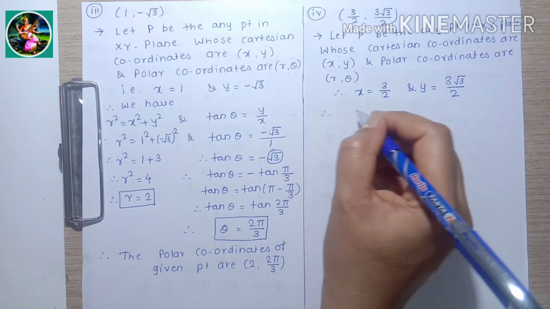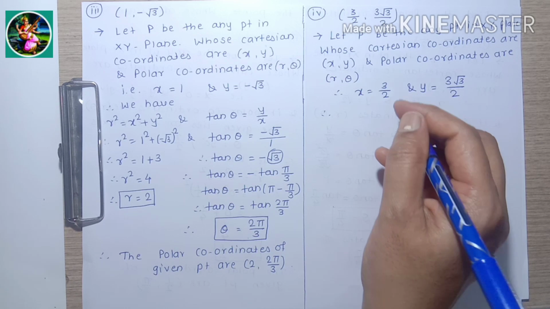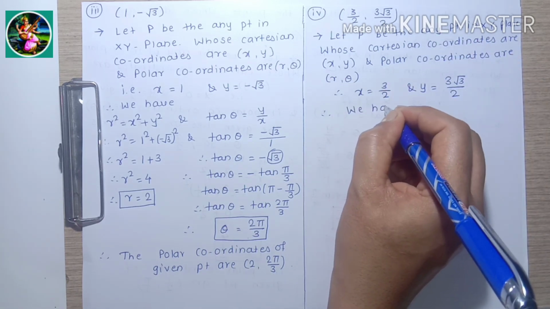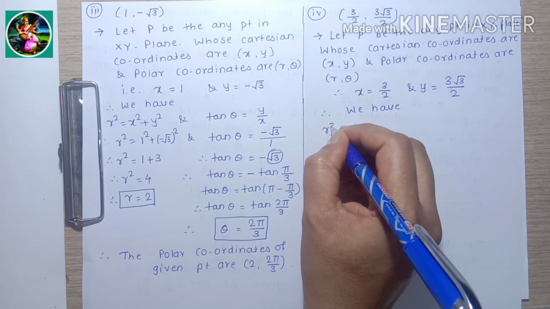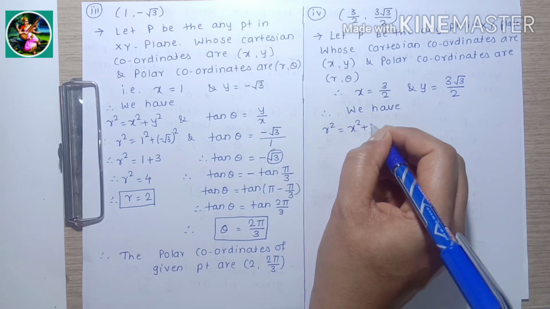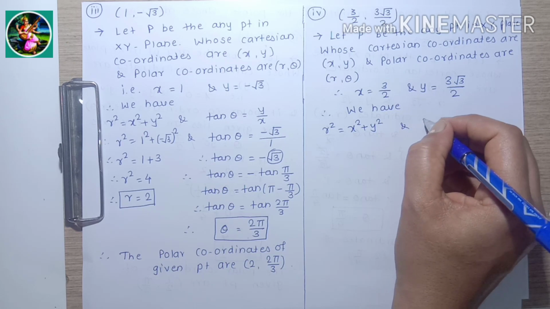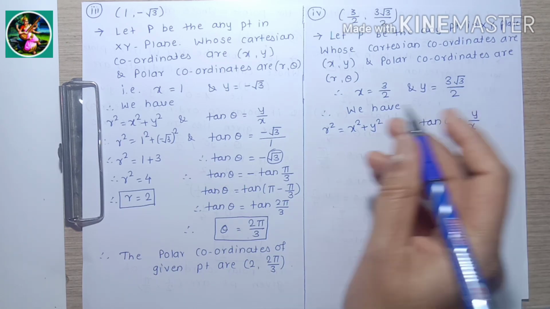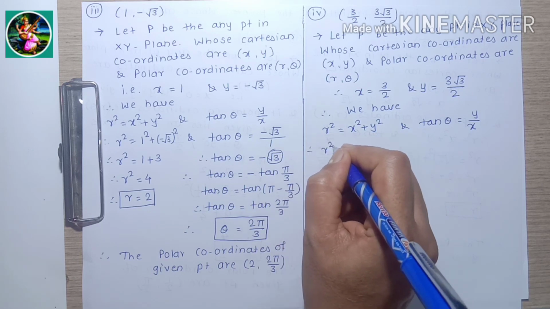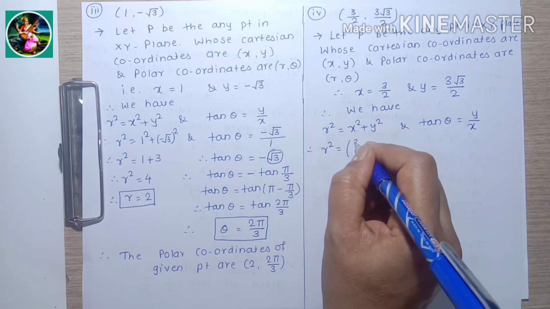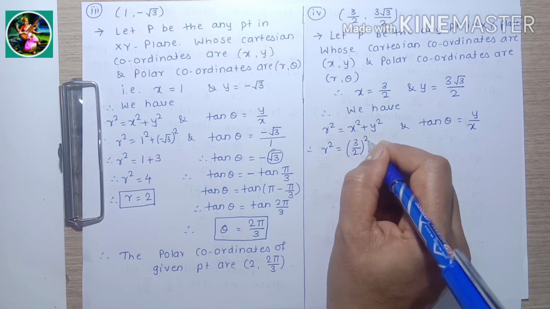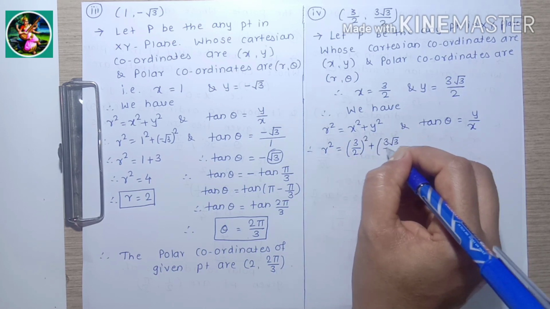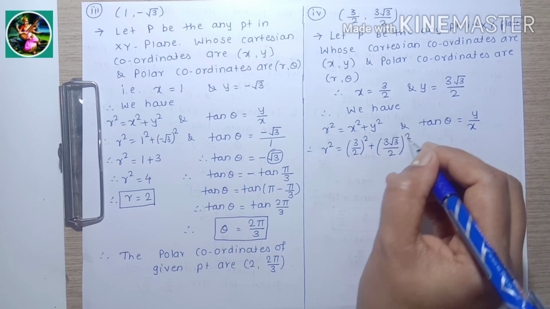We use the relation between polar coordinates and Cartesian coordinates, that r square is equal to x square plus y square and tan theta is equal to y upon x. Therefore, r square is equal to x square, that is 3 upon 2 bracket square, plus y square, that is 3 root 3 divided by 2 bracket square.